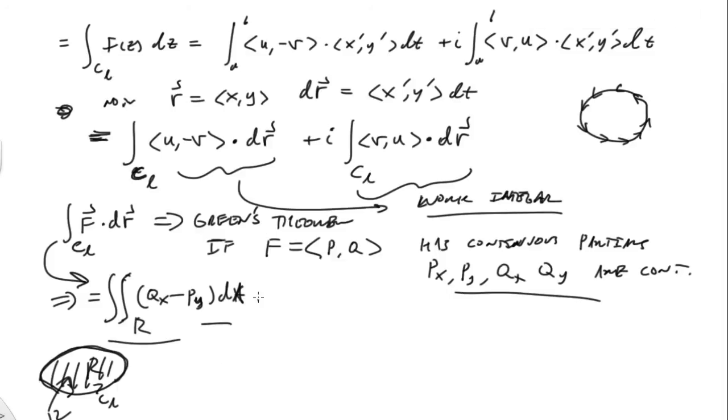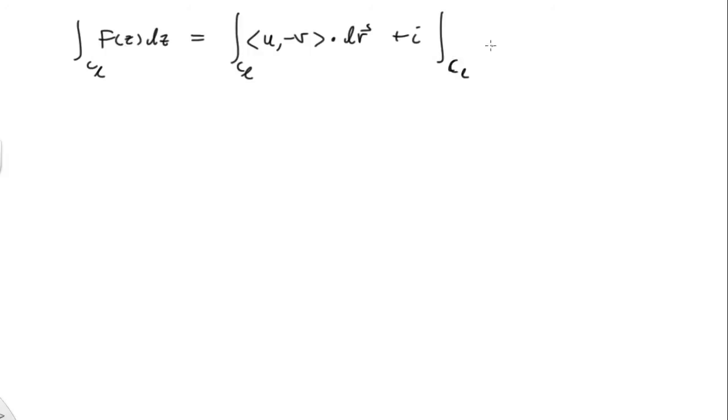So let's now use this theorem on these integrals. Again, what we have here is the integral of f(z) dz equal to the integral over CL of (u, -v) dot dr plus i times the integral over CL of (v, u) dot dr. That looks pretty good.